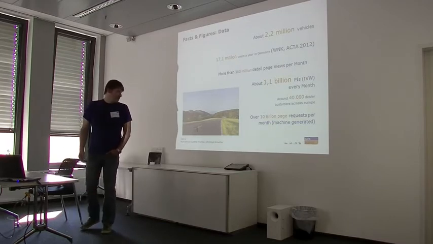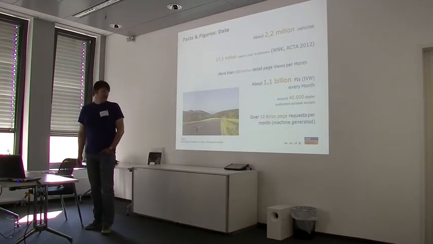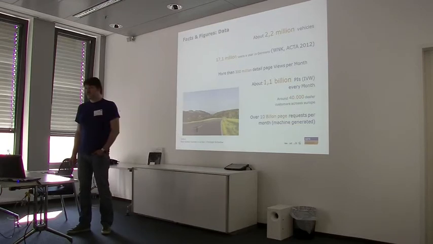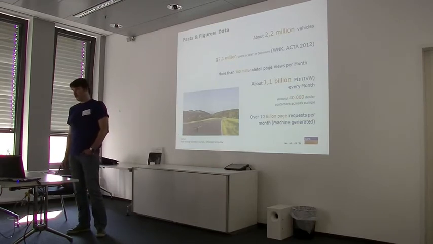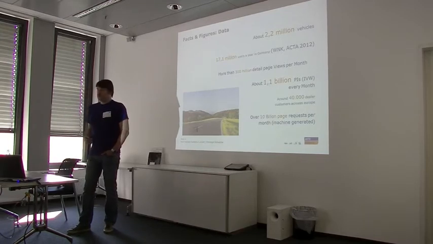You can see a much larger number, 10 billion requests. This is because we have a lot of machine-generated requests from machines and grabbers, with commercial users who try to get the cheapest, most interesting offers. So we're constantly pulling and pushing our search engine, which leads to quite a lot of data.